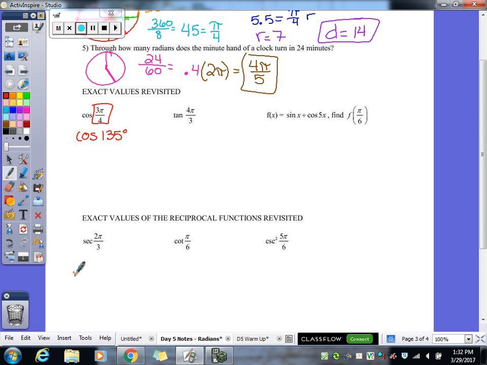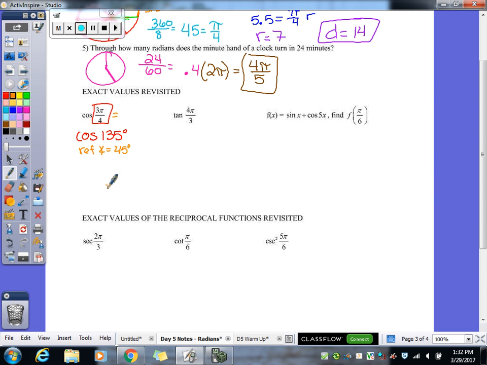Now the cool thing about doing it the way that Paul figured it out is he already knows his reference angle would be 45. So 135 falls in which quadrant? Second quadrant. Cosine, is it positive or negative? Negative.